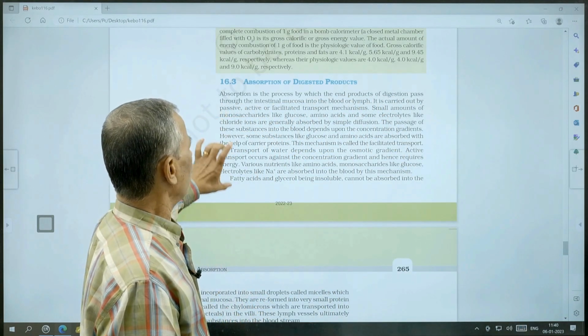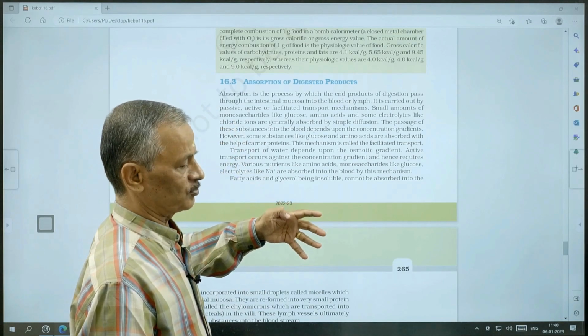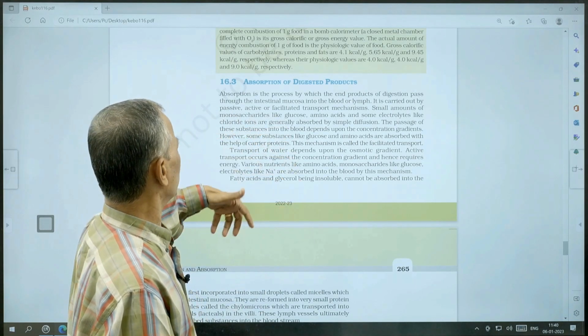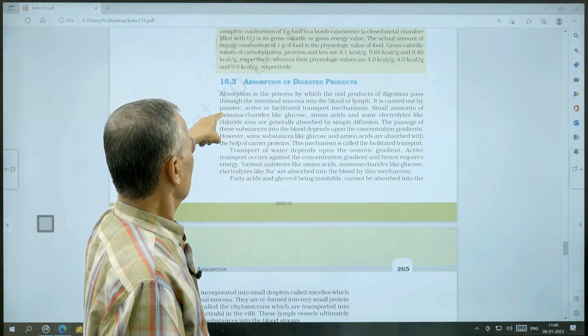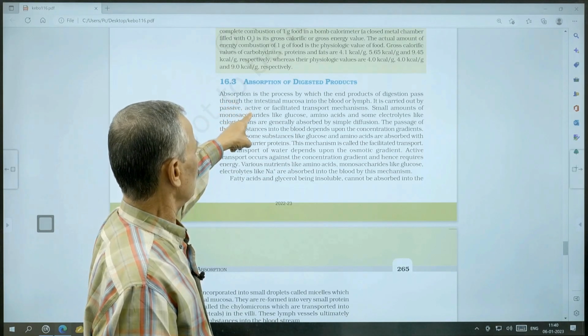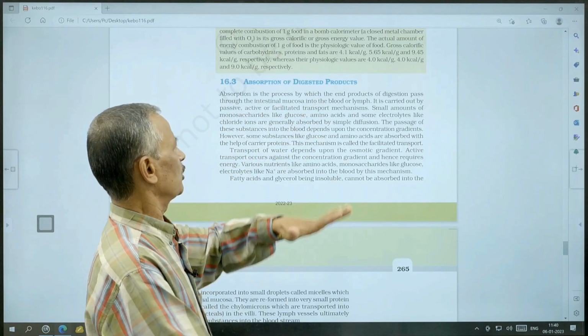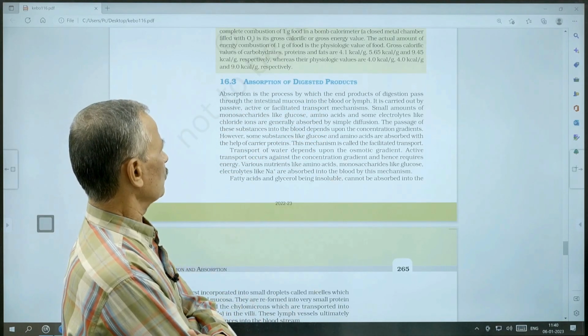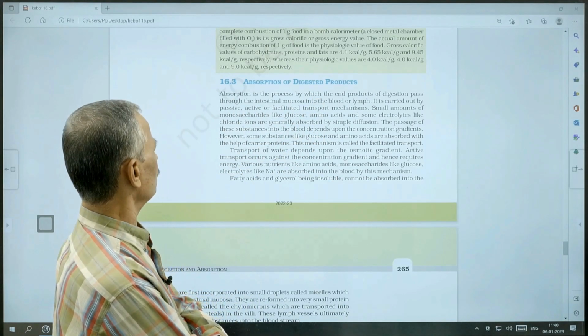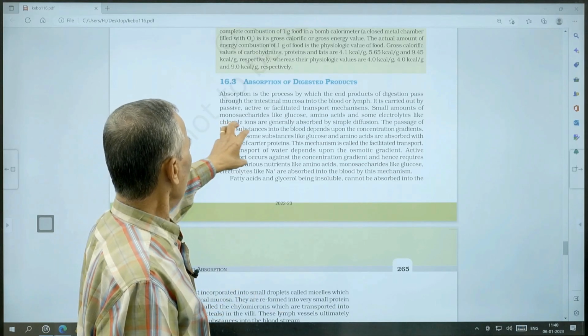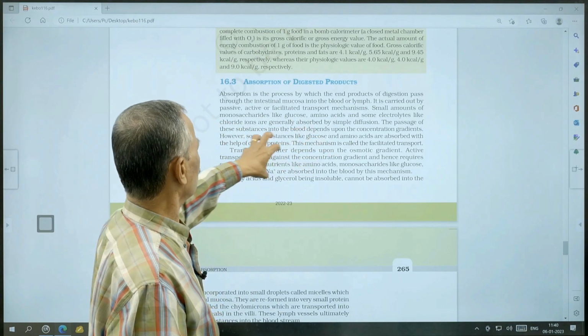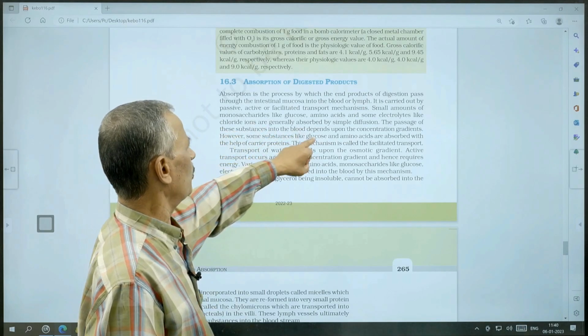How are they all absorbed? There are different mechanisms by which these ingredients are absorbed. They are absorbed passively or actively or by facilitated diffusion, that is, facilitated transport mechanisms. Normally, a small amount of glucose, amino acids, and some electrolytes like chloride ions are generally absorbed by simple diffusion.